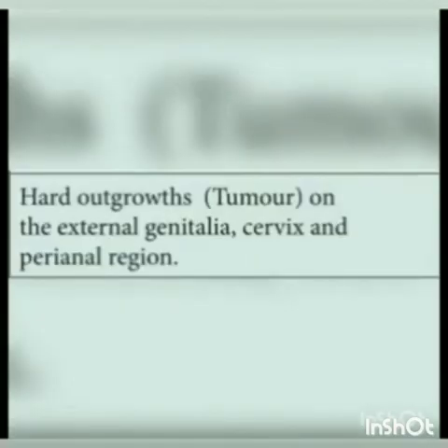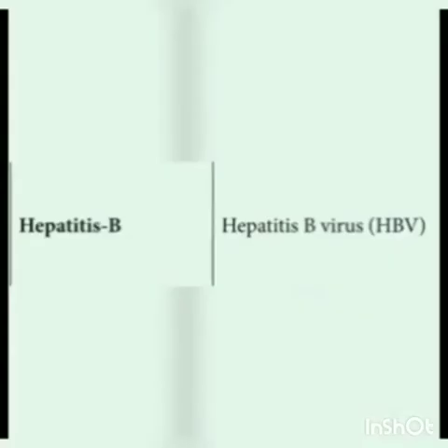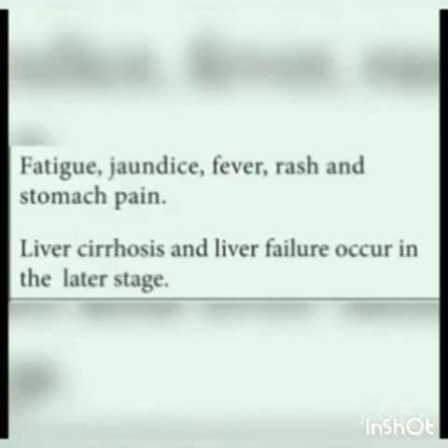It forms tumors on the external genitalia, cervix and perianal regions. Hepatitis B is another viral STI which is caused by hepatitis B virus, which causes fatigue, jaundice, fever, rash and stomach pain. Liver cirrhosis and liver failure occur in the latter stage.